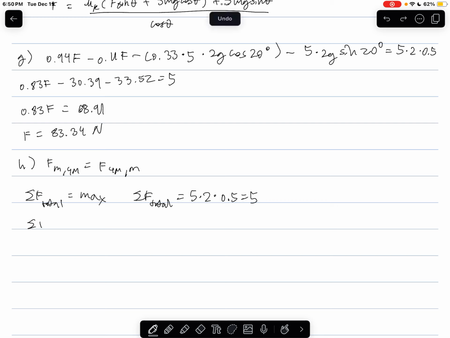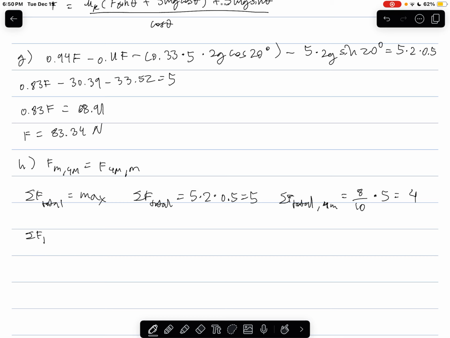And then the net force total for 4m, I'm gonna use the mass percentage times net force thing. So 4m, 4 times 2 is 8, and then over total, because 8 plus 2 is 10, and then times 5, that's the net force. You get 4 newtons total acting on the 4m.